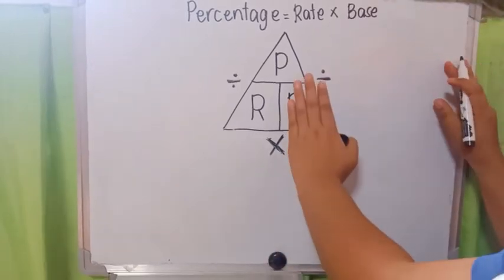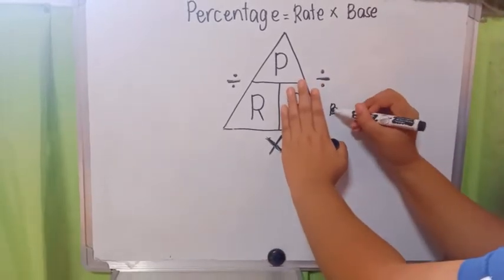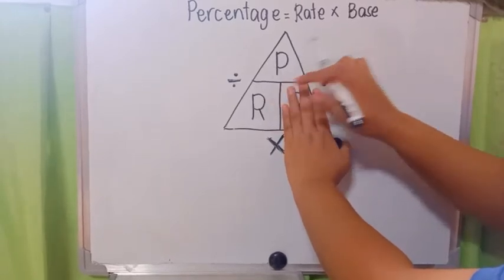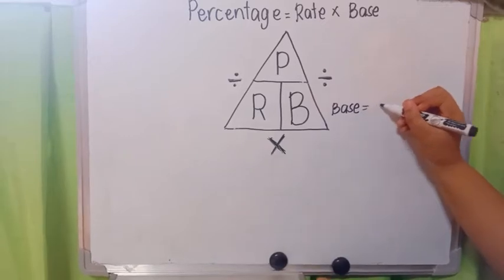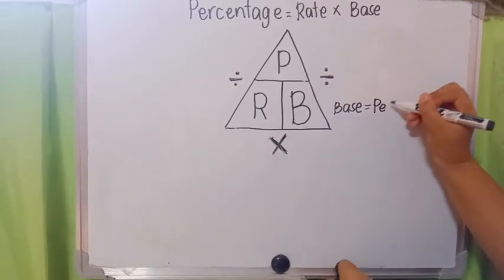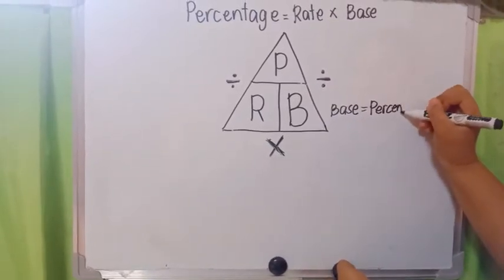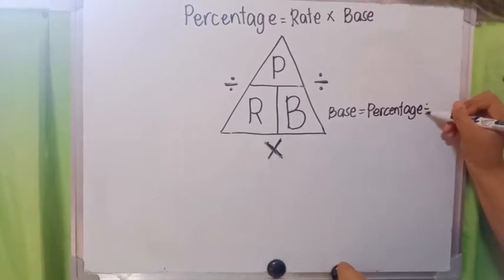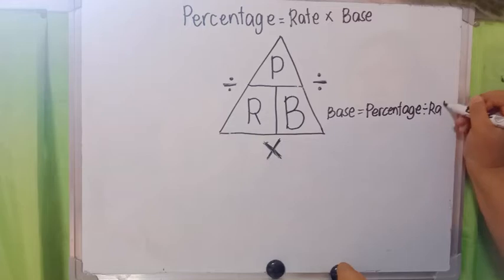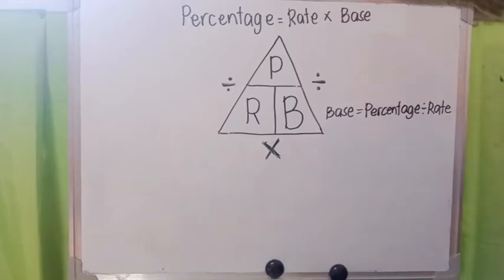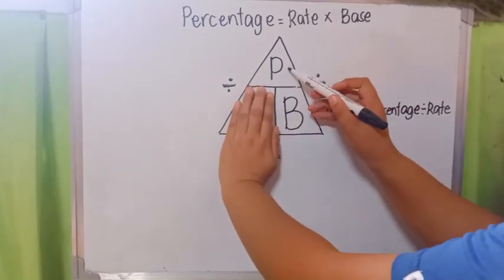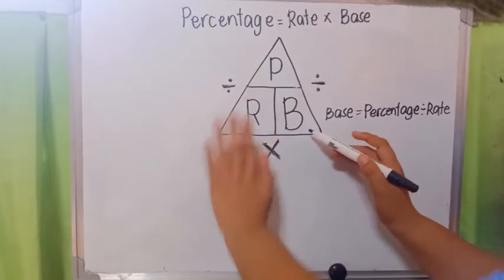While if your base is missing, we just need to divide percentage by the rate. While if your rate is missing, you need to divide your percentage by the base.